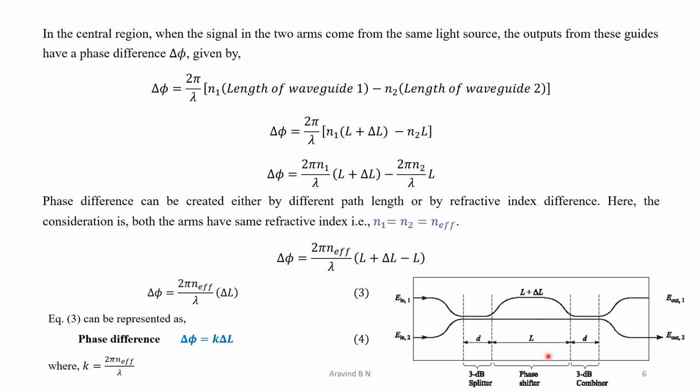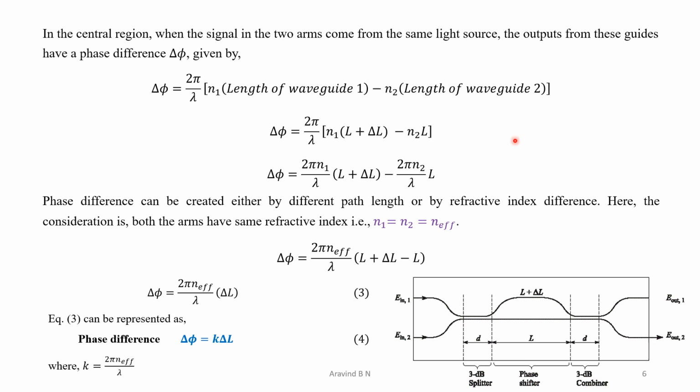Once again, a reminder: waveguide 1 and waveguide 2 have different lengths. Here n1 and n2 are the refractive indices of these waveguides. The length of waveguide 1, only in this central region, is L plus delta L, therefore it has been substituted.